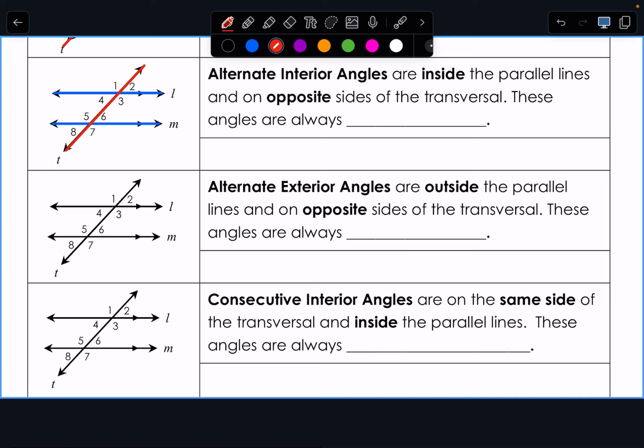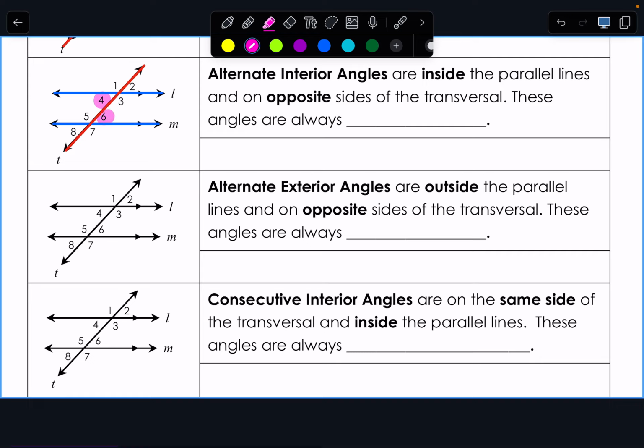Interior is a fancy word for inside. So when we talk about alternate interior angles, we're talking about angles inside of our parallel lines. So inside of our parallel lines would be those right there. So if we pick one of those, like let's say we pick 4, 4 is an interior angle. Which angle is alternate but still inside of the parallel lines compared to 4?